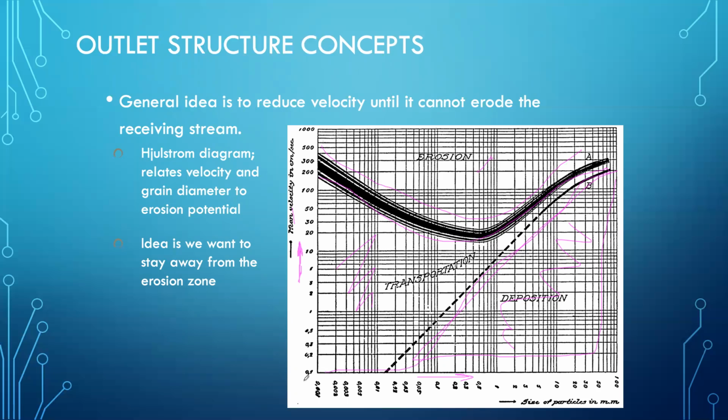And so for any particular natural system, if we're to plot the mean grain diameter and the mean velocity, let's say it plots right in here, the chart is telling us that that material, if it's already in suspension, is likely to stay in suspension and be transported downstream. Likewise, let's change the particle size. We'll stay at the same velocity.